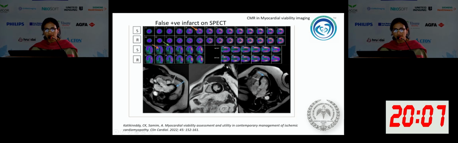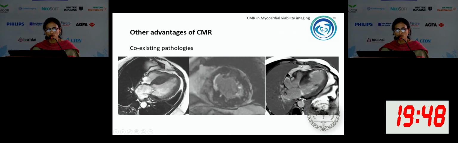Just to show an example, there can be a lot of false positives on SPECT because of soft tissue attenuation. So there was supposed to be a fixed defect on stress and rest, and it was thought to be non-viable. Whereas on MR, we can see there is absolutely no infarct in that area. So there can be false positives on SPECT, which can be refuted on MR. What are the other advantages of MR?